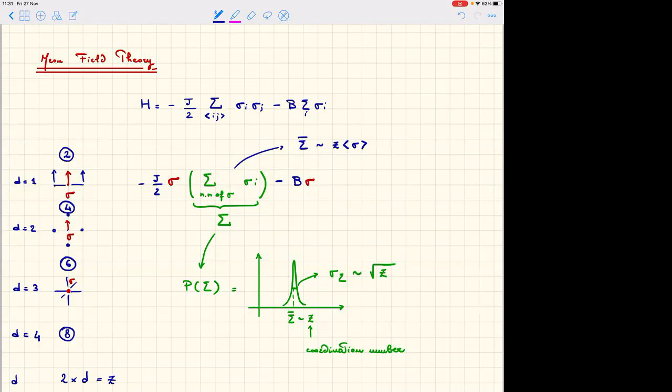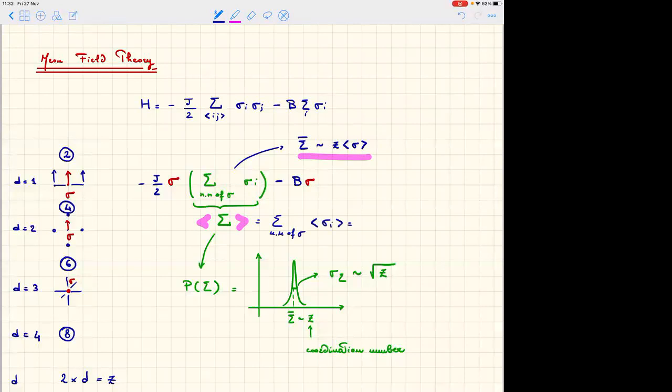And why is the peak of the sigma bar around the coordination number? Well, it's around the average sigma. But average sigma is going to be proportional to the coordination number, as you see here, right? Because if I take an average here, what do I get? I get the sum over nearest neighbors of the average of sigma i.